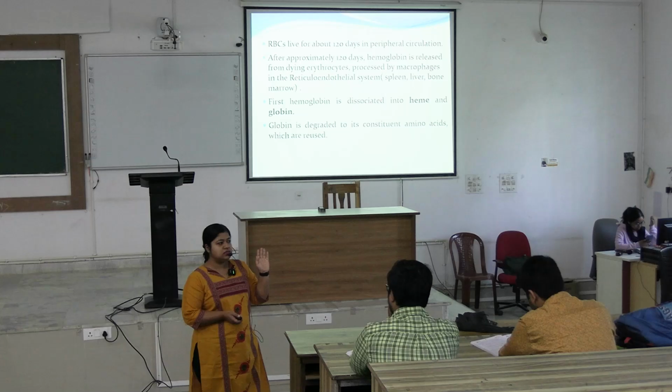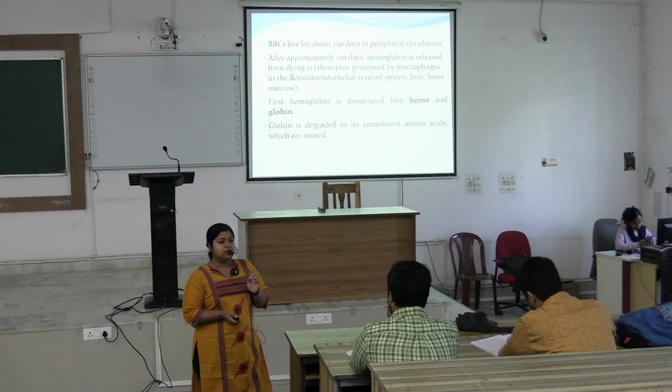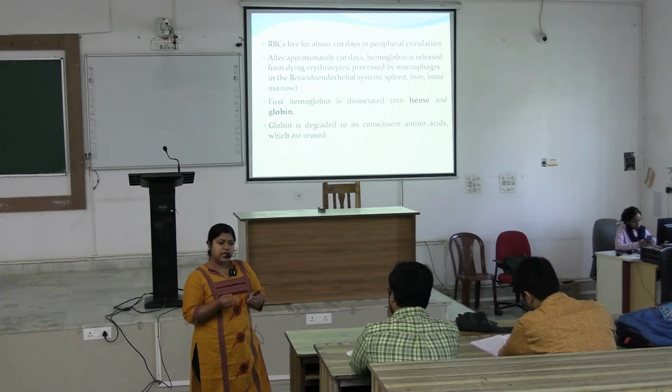So RBCs, after 120 days, come into the circulation till the reticuloendothelial system. They are fine capillaries. The fragile RBCs, when they pass through them, rupture. This leads to release of free hemoglobin in the reticuloendothelial cells. There come the macrophages.